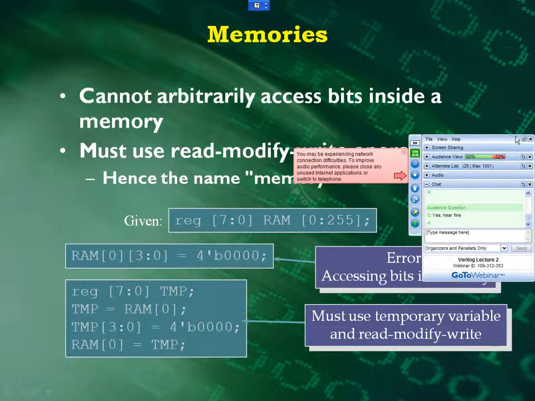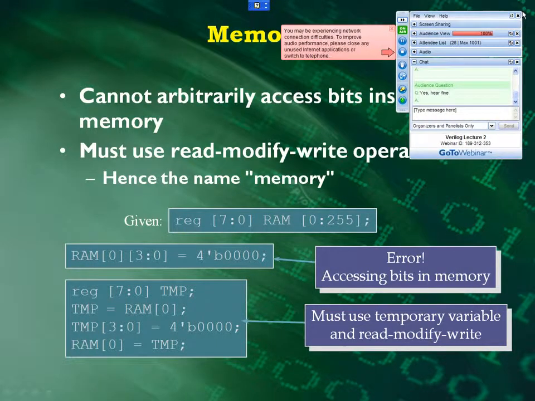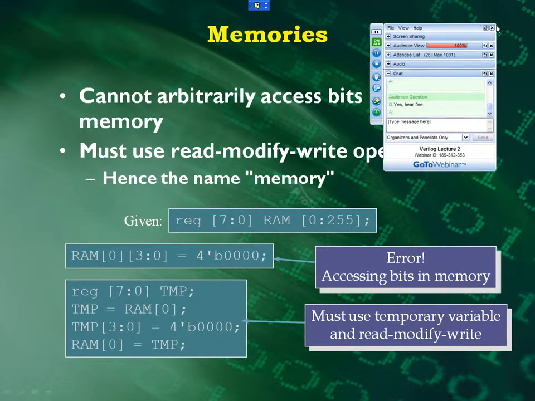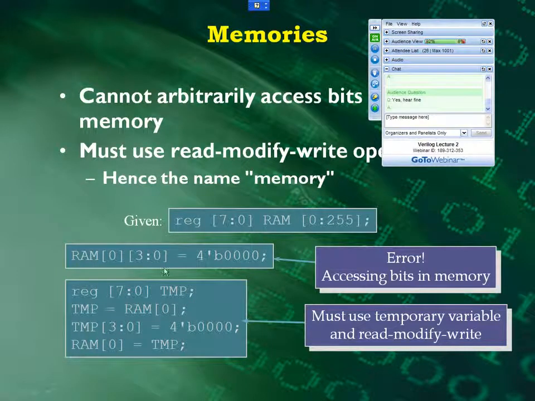You cannot arbitrarily access bits inside a memory. You must use a read, modify, write operation, hence the name memory. So in this case, we have RAM. It's 8 bits wide. We have 256 locations for it. What the person is wanting to do here is access or change the lower 4 bits of RAM 0.